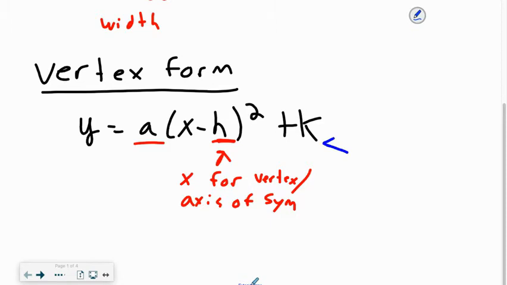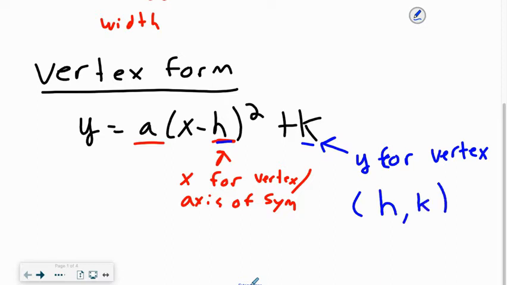K is the y-coordinate for the vertex. So in vertex form, (h, k) is your vertex. Your vertex will be h comma k.